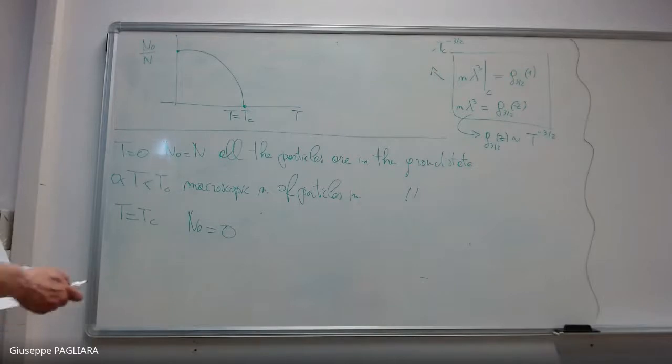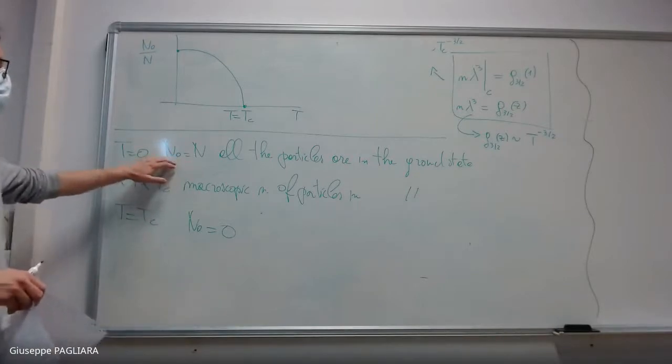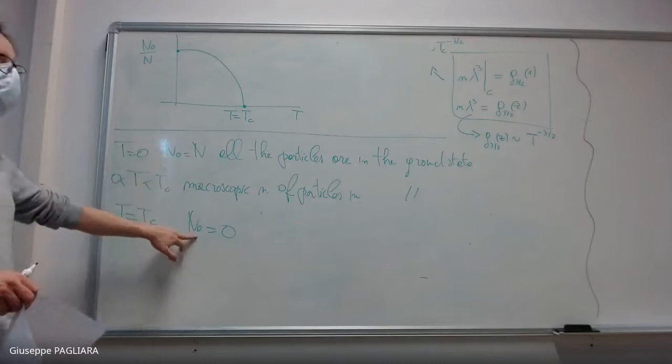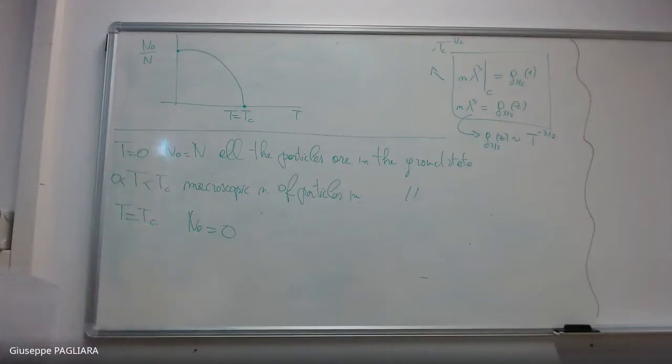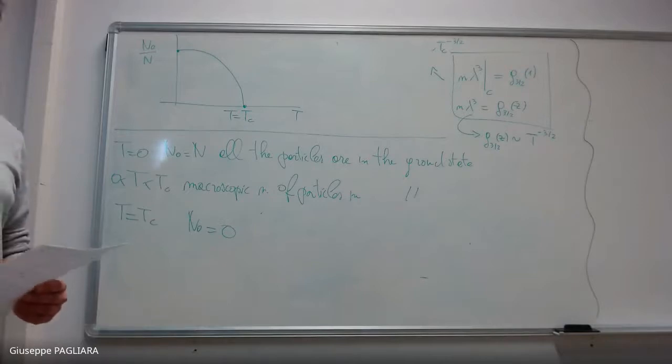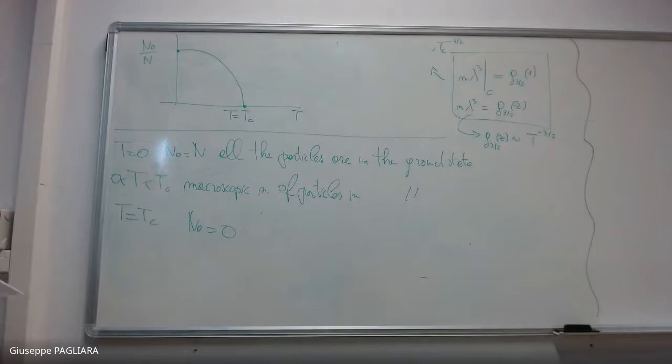So in here we'll have some particles in the condensate and in the continuum, but in the extreme situations, all the particles are in the condensate, or no particles are in the condensate, and they are distributed in the continuum instead. For this phenomenon to occur, it's important that the total number of particles is conserved. Actually, I will discuss the case of photons.